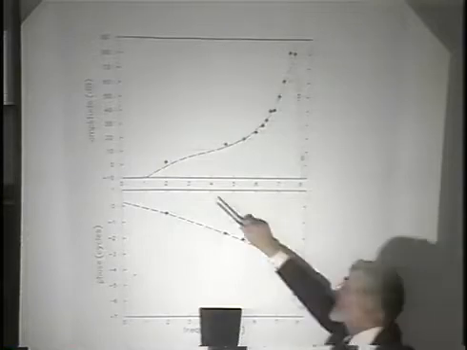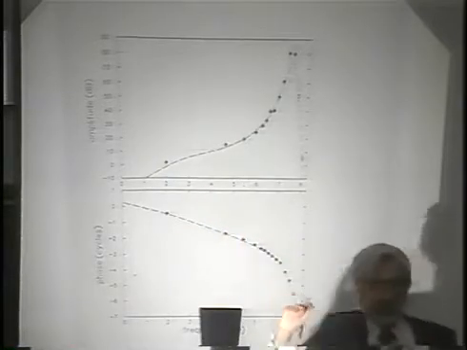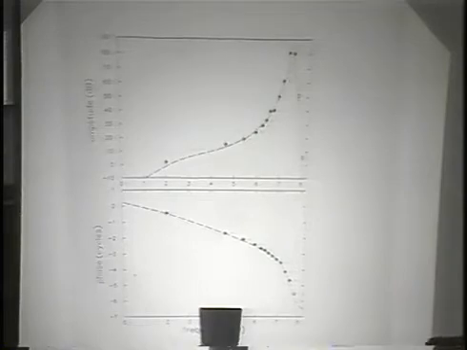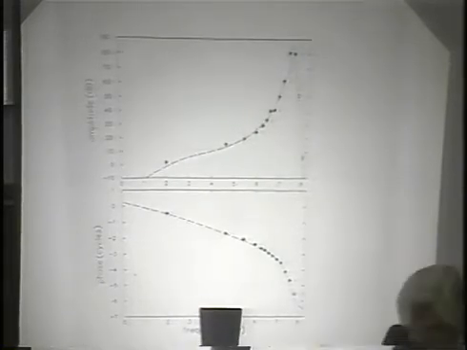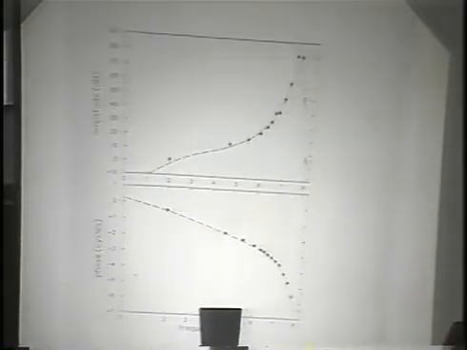The dotted line is what you get if you assume that the wavelength squared has the form that I just showed you.